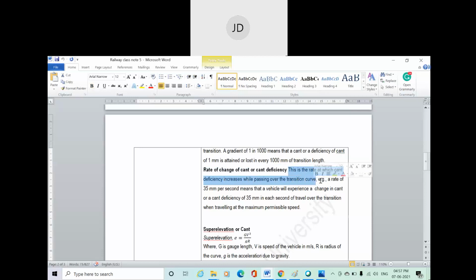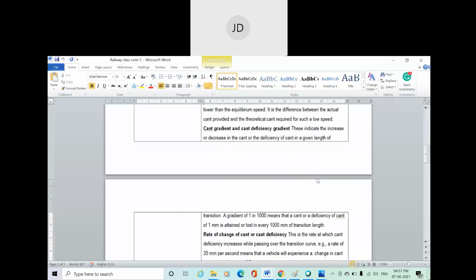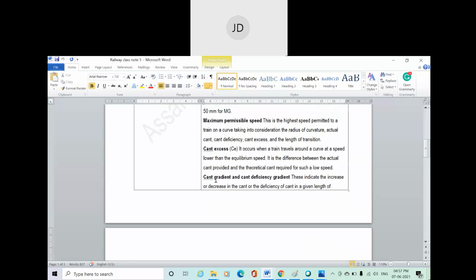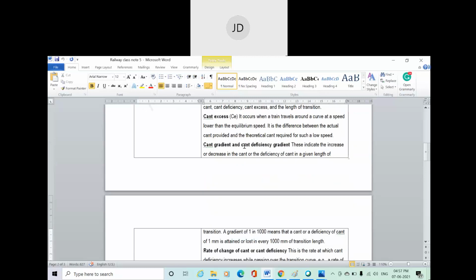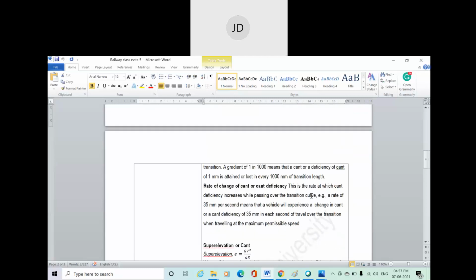For example, a rate of 35 millimeter per second means a vehicle will experience a change in cant deficiency of 35 millimeter in each second of travel over a transition curve, traveling at the maximum permissible speed. So with respect to time, the change of cant is called the rate of change of cant deficiency. With respect to length, the change of cant deficiency is called the cant deficiency gradient. It's simple as that.